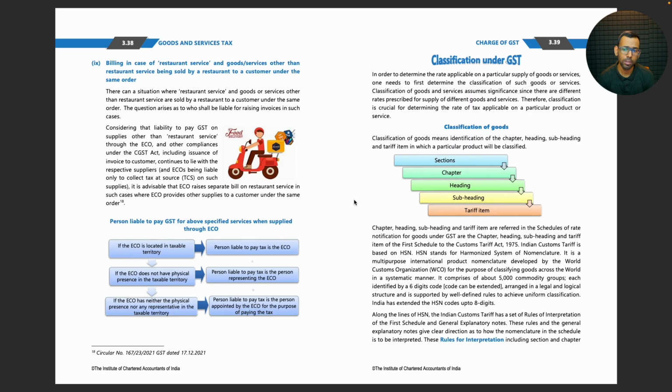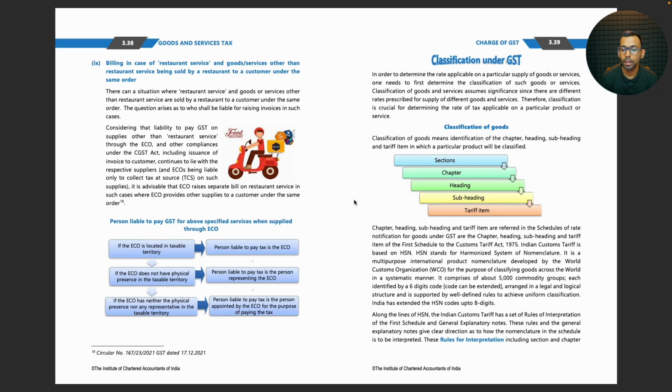Classification of goods and services assumes significance since there are different rates prescribed for supply of different goods and services. Therefore, classification is crucial for determining the rate of tax applicable on a particular product or service.